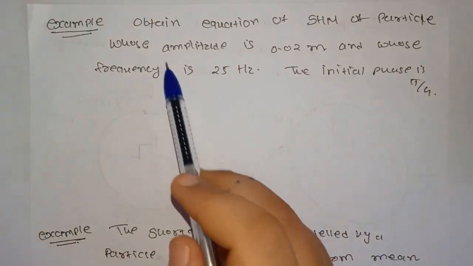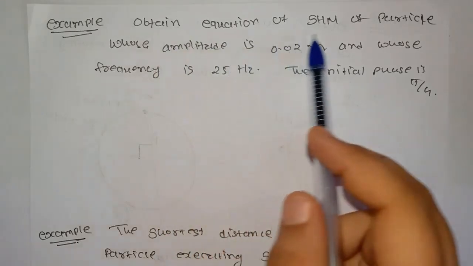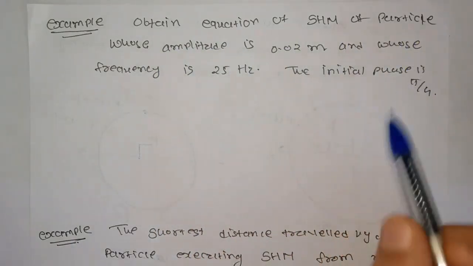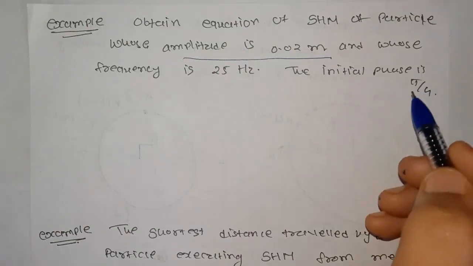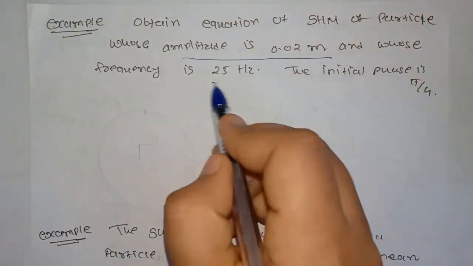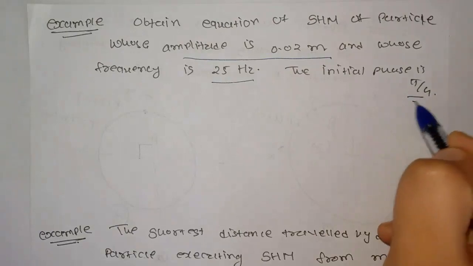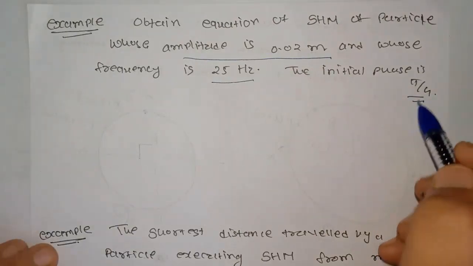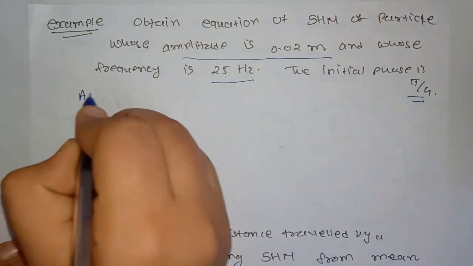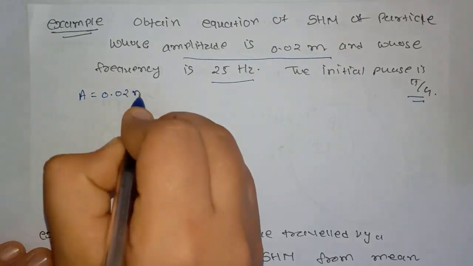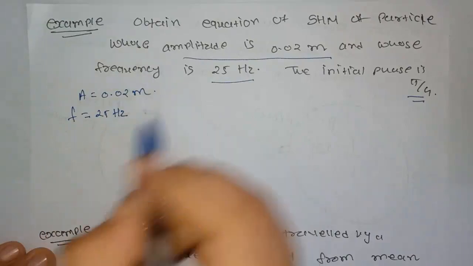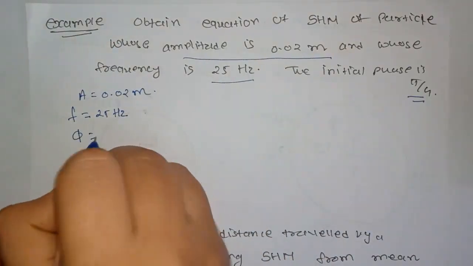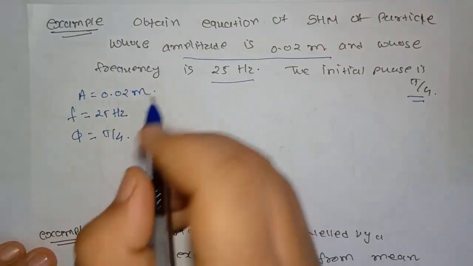In this example, we want to obtain the equation of SHM of a particle whose amplitude is 0.02 meter, whose frequency is 25 Hz and the initial phase is pi by 4. Here A is given as 0.02 meter, the frequency is 25 Hz and the initial phase is pi by 4.